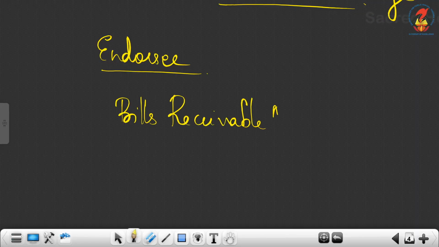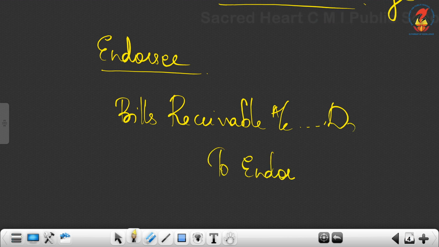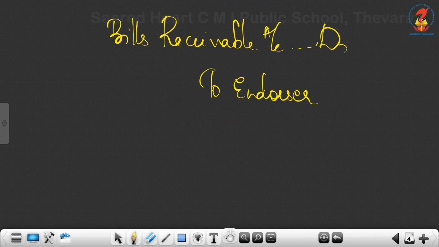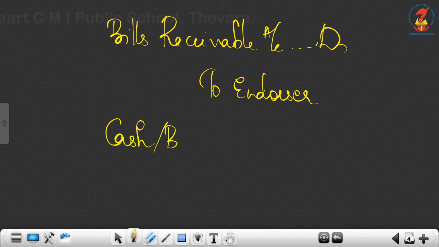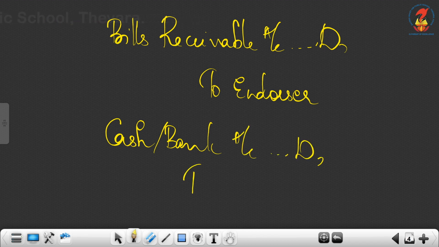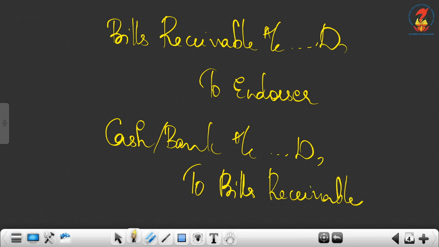Because endorsee is getting the bill, so bills receivable will be debited in his books and it is received from the endorser, so we have to credit him. Then finally he will be getting the amount, so that is cash or bank account debit to bills receivable account.